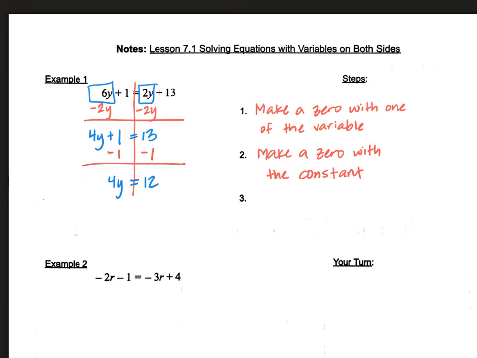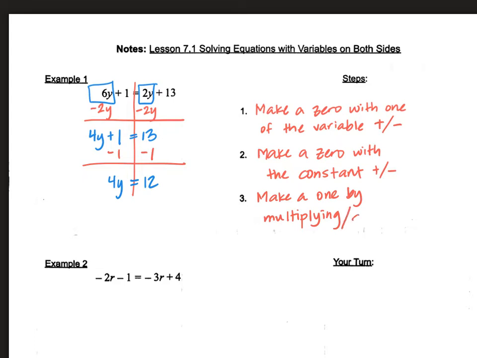The very last step is to make a 1 by multiplying or dividing. And I forgot to include it in the first two steps, but the way we make a 0 is by adding or subtracting. So I should have written that down. So adding or subtracting in the first two steps.